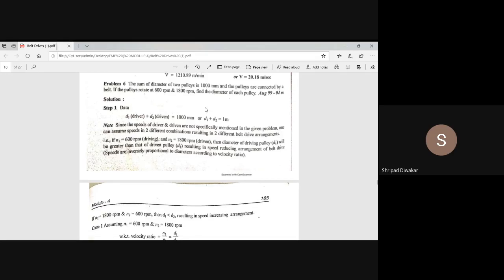Then use the same simple formula: N2 by N1 equals D1 by D2. N2 means speed of driven, which will be higher, 1800, given in the problem, divided by N1, which is 600. And how about D1? D1 plus D2 equals 1 meter.